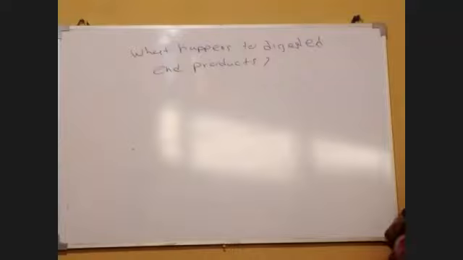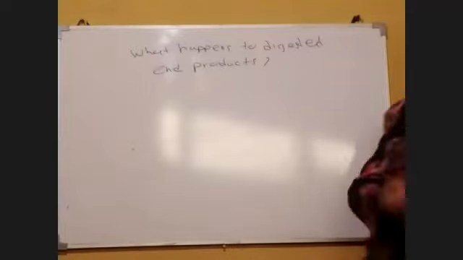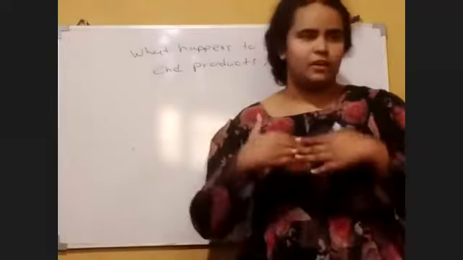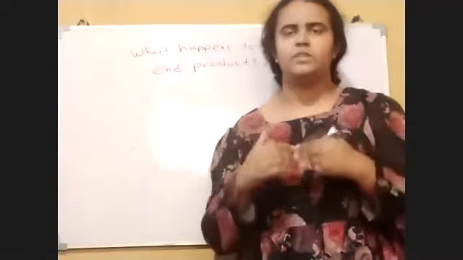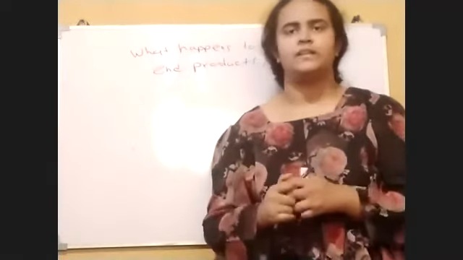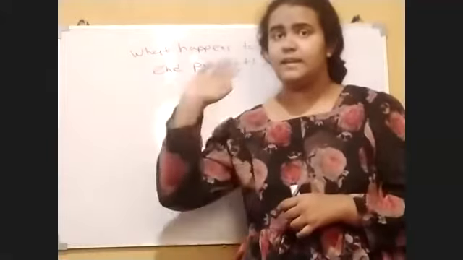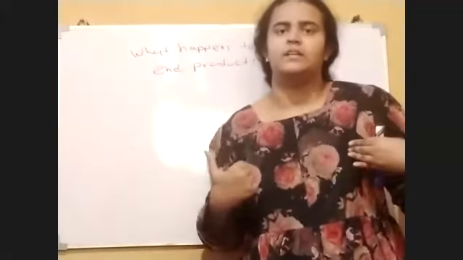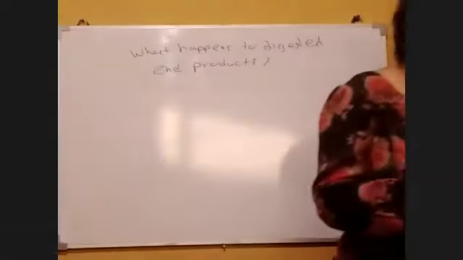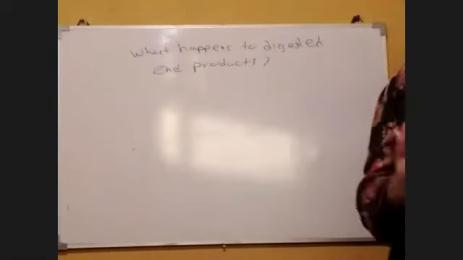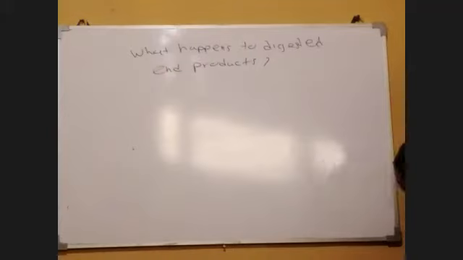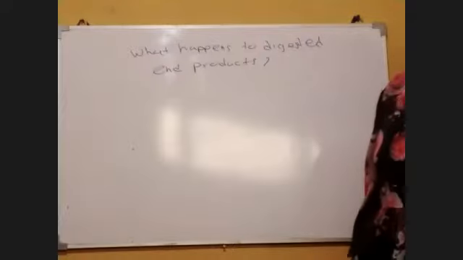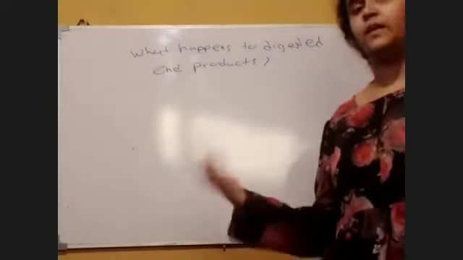No. That is the answer, because absorption is not only happening in the small intestine. I told you once that some part of the absorption happens in the stomach also. In the stomach, water, glucose, and some drugs are absorbed into the blood capillaries.